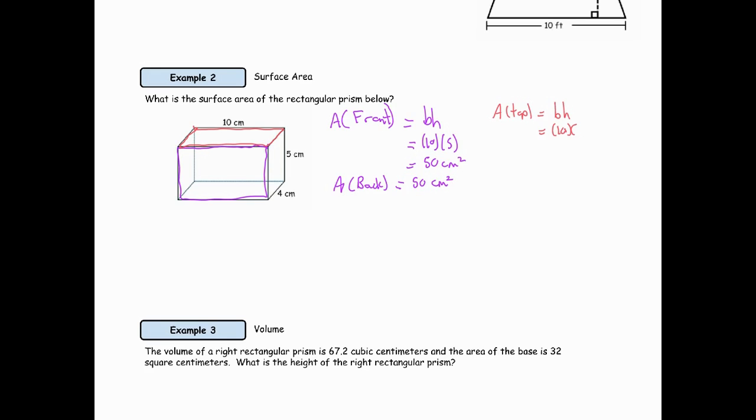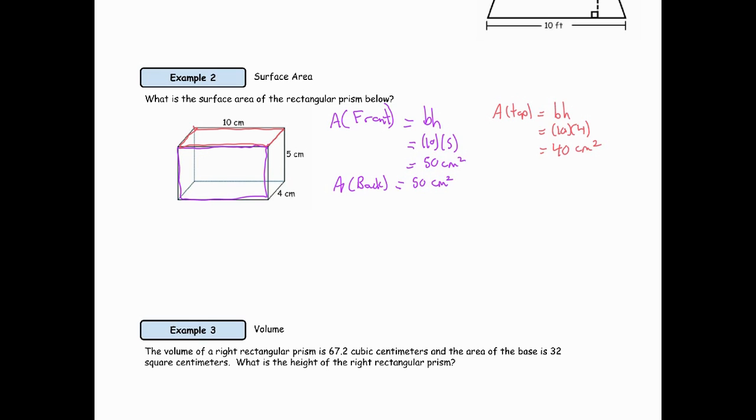And these correspond with this one down here. So that length of the height there is 4 centimeters. So the area of the top surface would be 10 times 4, which is 40 centimeters squared.